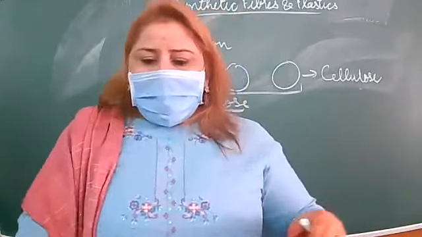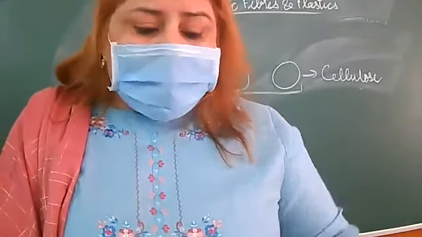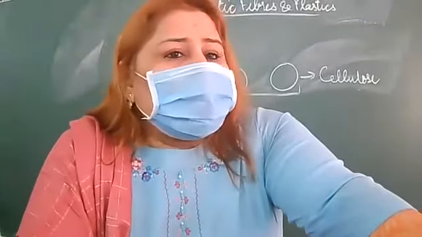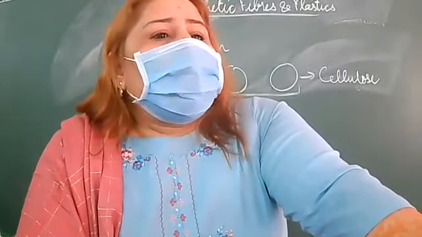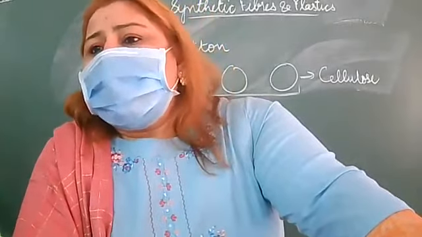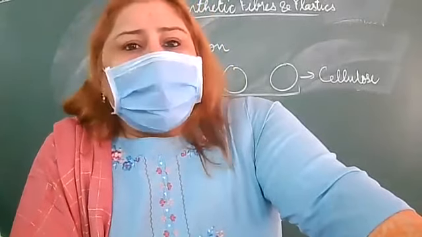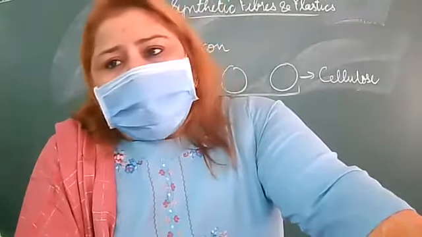Is it clear? After that, what we had discussed? Properties. What are the different properties of plastics? Non-reactive. They will not react with air, water and chemicals. That's why it is used to make water tanks, containers, pipe fittings, sanitary fittings. Okay, all these things.